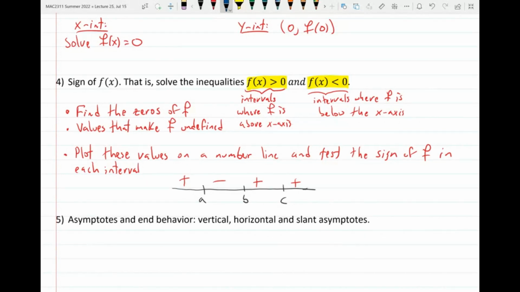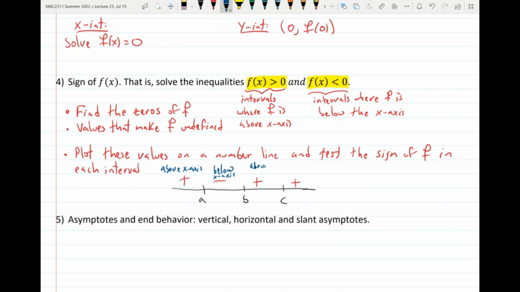And remember, when you have this sort of picture, the information that this is giving you is that here the function is above the x-axis. Here the function is below the x-axis.